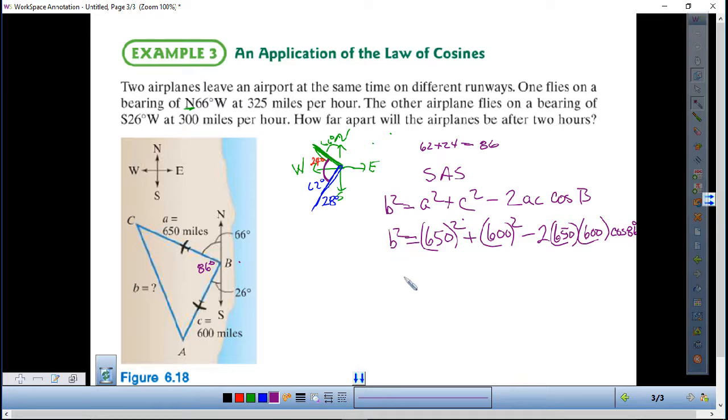And that still equals b squared. So we would punch all that in our calculator to find out what b squared is.